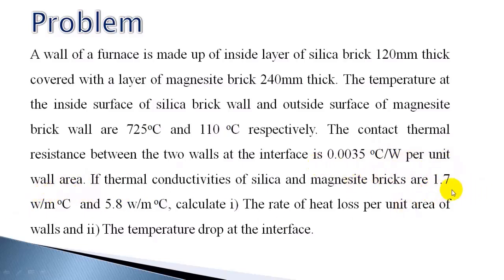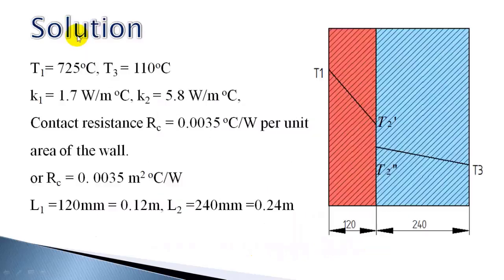So the thermal conductivity of silica brick is 1.7 watts per meter degree centigrade and magnesite brick is 5.8 watts per meter degree centigrade. You have to calculate the rate of heat loss and temperature drop at the interface. So the data given is inside and outside temperatures 725 and 110 degrees centigrade.